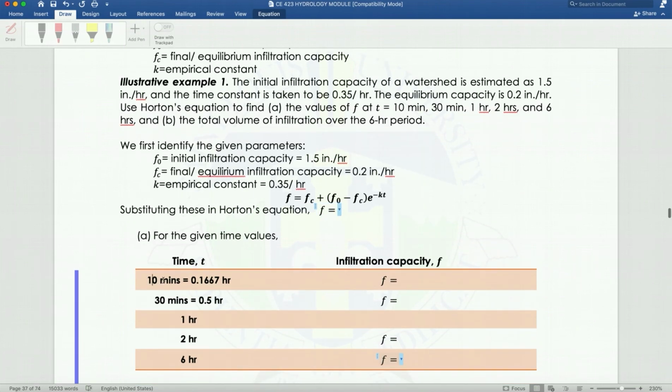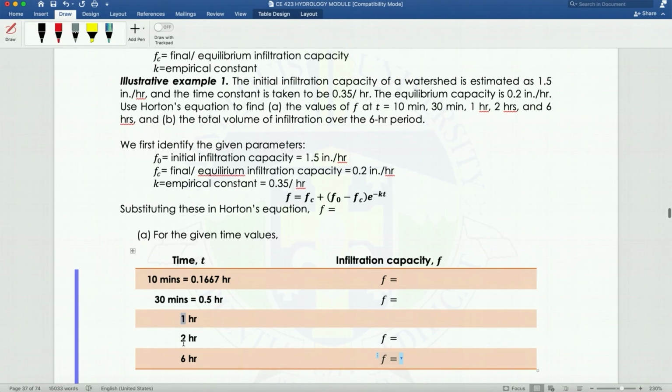We have 10 minutes, 30 minutes, 1 hour, 2 hours, and 6 hours. Since our values here are in inch per hour, we need to convert our time. So 10 minutes is equivalent to 0.1667 hour. 30 minutes is equivalent to 0.5 hour.